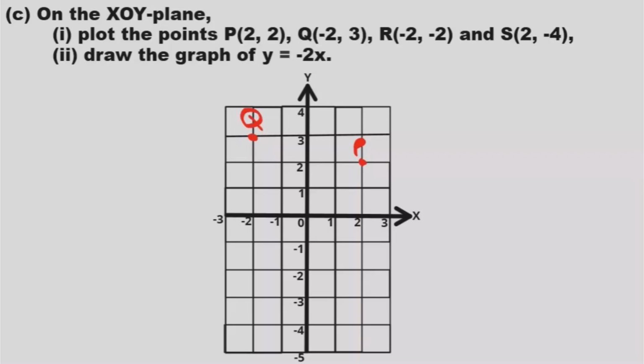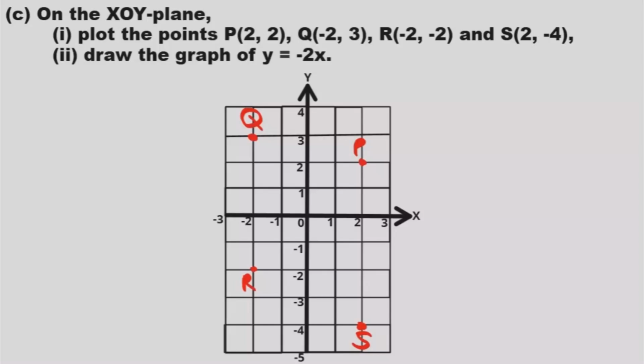So this is Q. Then we have also R, which is (negative 2, negative 2), which is this point. That is the point called R. Then we come to (2, negative 4). So (2, negative 4) is here, and we can call this one S. Like that we have come up with the points that are there.